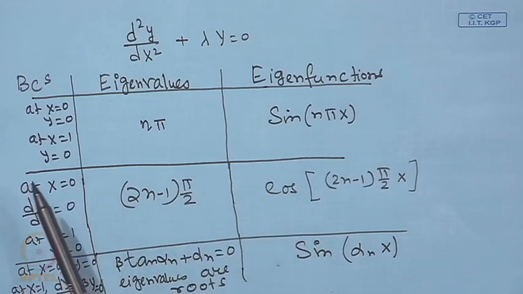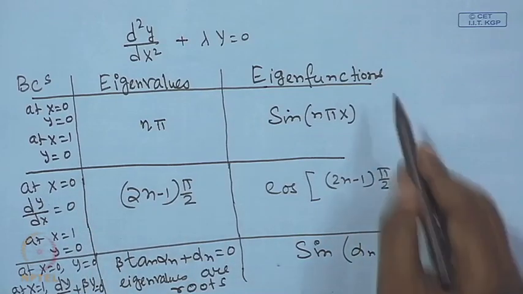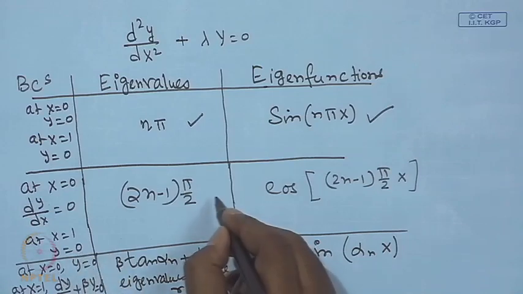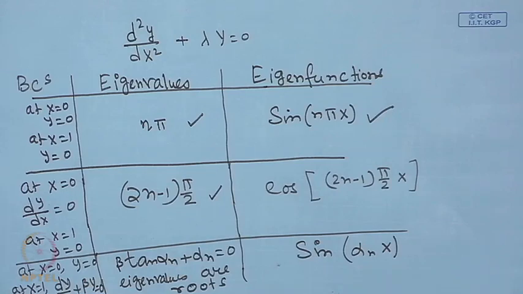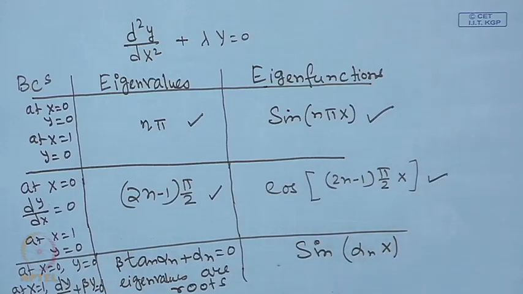If we have Dirichlet boundary conditions on both the boundaries, the eigenvalues are n pi and eigenfunctions are sine functions. If we have a Neumann boundary condition at x is equal to 0 and Dirichlet boundary condition at x is equal to 1, we have (2n minus 1) pi by 2 as the eigenvalues and cosine functions as eigenfunctions.